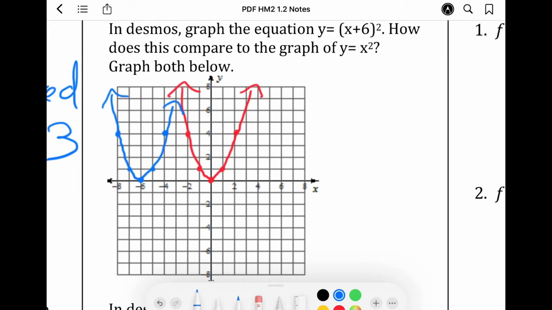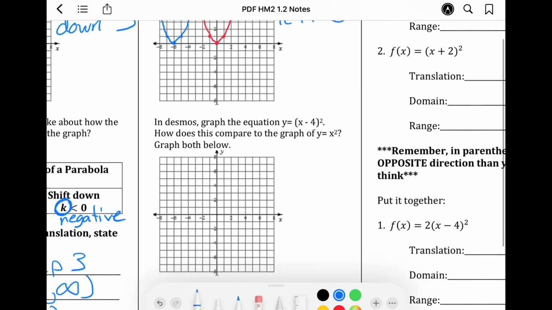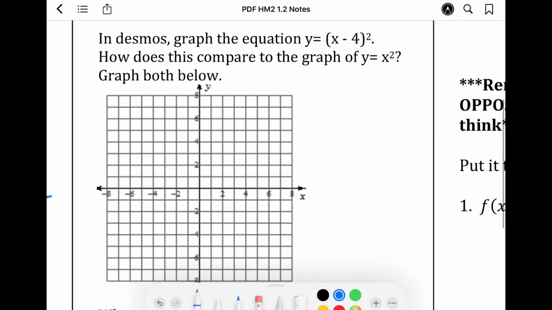But there is your new graph if you checked Desmos. So how did we change in between the red and the blue? We shifted left 5. Oh, 6, my bad. Now, I'm going to give you a little hint after we go over the next one. So, hold tight.